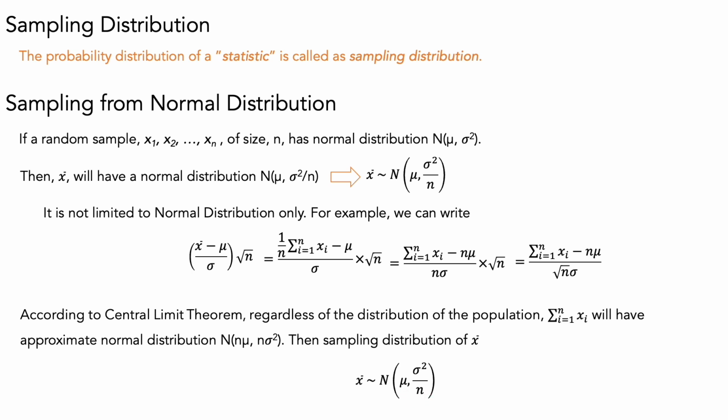Now let's move to another one. Okay, now the chi-squared distribution. This is the Greek letter chi. It is not read as g, it is read as chi. So the chi-squared distribution is another distribution, which is the distribution of a statistic computed from a sample selected from a normal distribution.